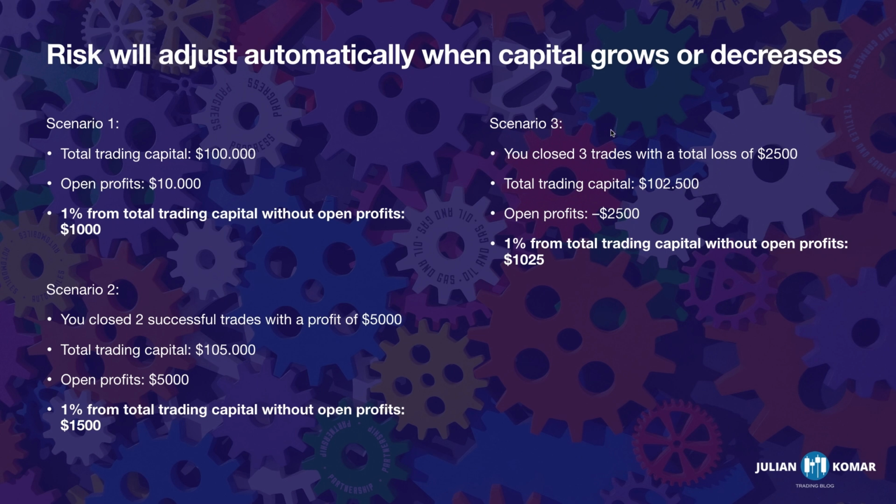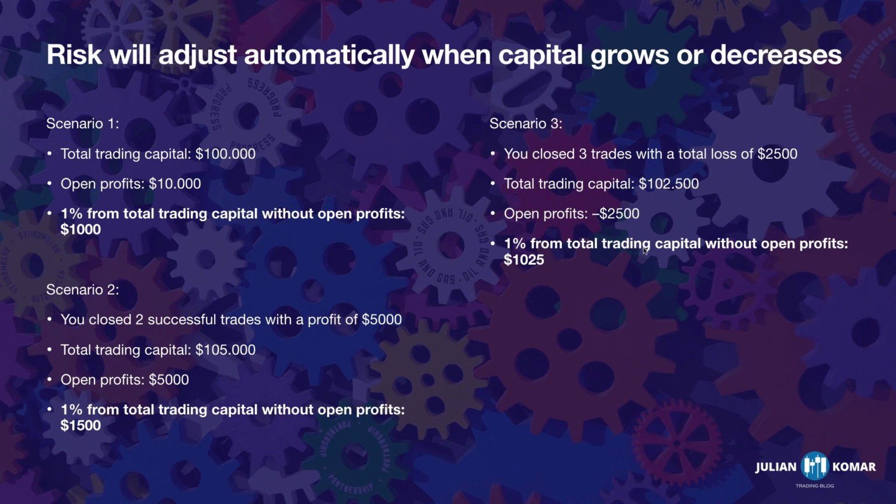In scenario 3, we close 3 losing trades with a total loss of 2,500 here. In that case, now your capital decreases to 102,500. And maybe say we also have negative open profits, so we have open losses of 2,500. In that case, also you ignore the open losses and only take the 102,500 for the position size calculation.